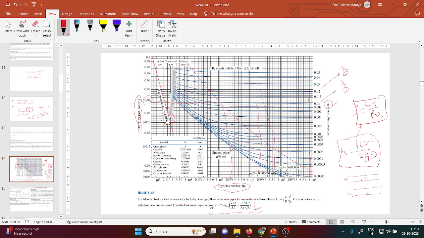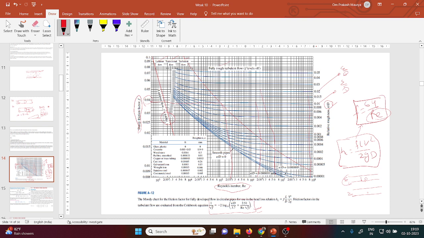Here you can see three or four zones written: the laminar zone, the transition flow, the turbulent flow, and the fully rough turbulent flow. In the transition, the friction factor depends on both the relative roughness as well as the Reynolds number. In laminar flow, the friction factor depends only on the Reynolds number; there is no meaning of the roughness of the pipe in laminar flow.